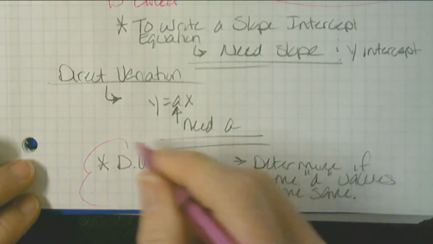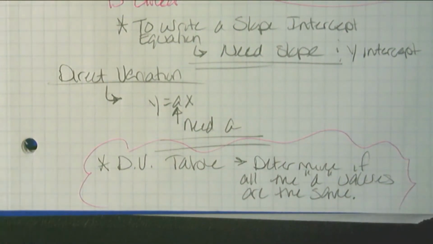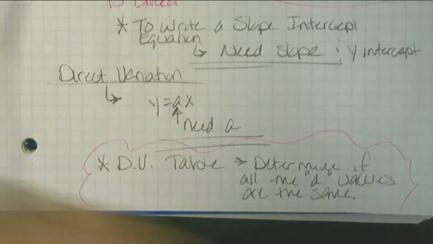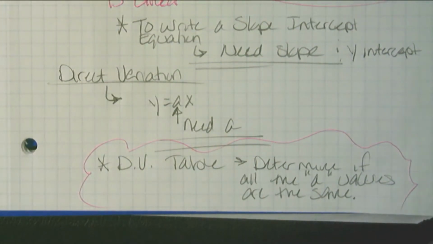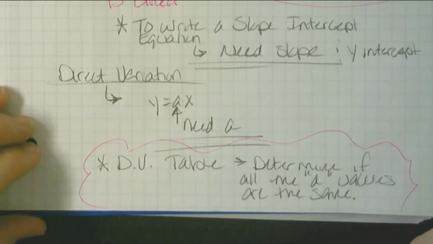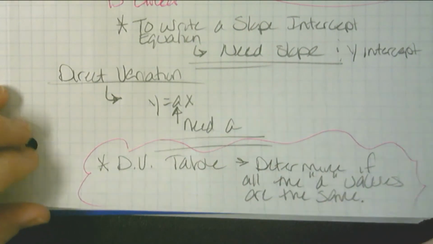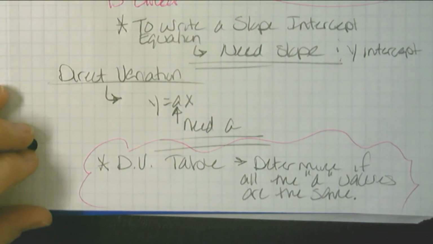So that's what we're looking to find. If they are, we have a direct variation table. We can write an equation for it. You guys with me so far? This is a lot easier math than the slope-intercept, because there's a little bit more math on slope-intercept. All right, so let's figure out how we do that and what the structure of that's going to look like.